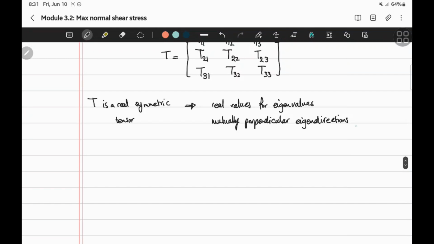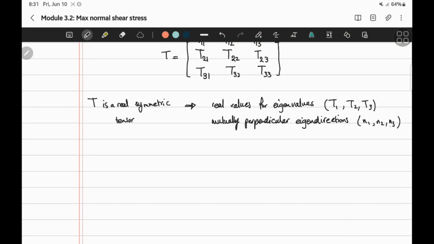So for example, we will have E1, E2, and E3 as the principal directions here, or generally N1, N2, and N3. And here we can have T1, T2, and T3 as the eigenvalues.